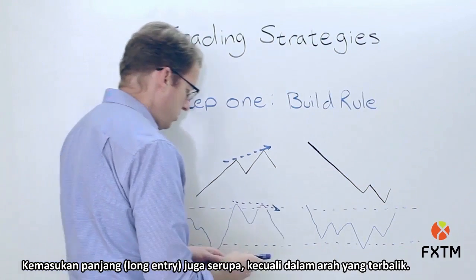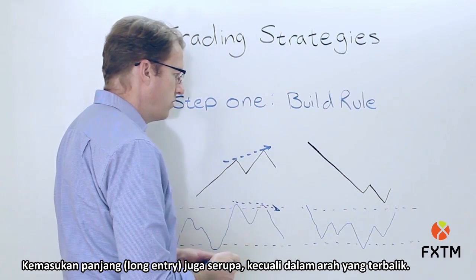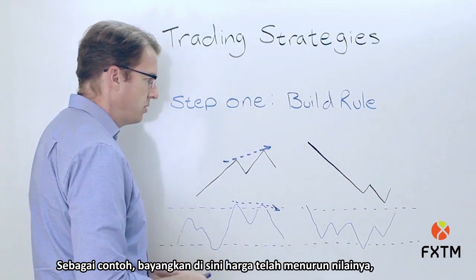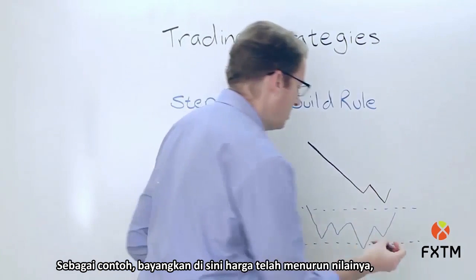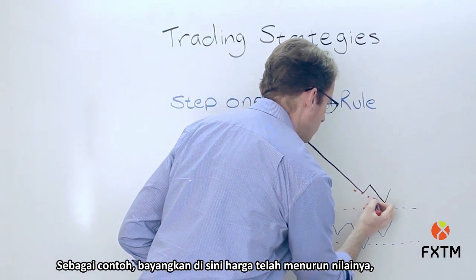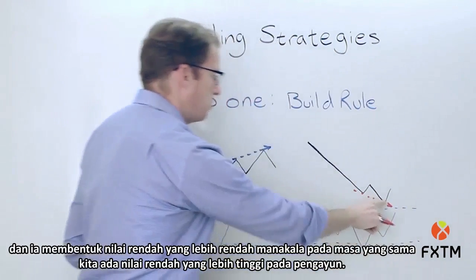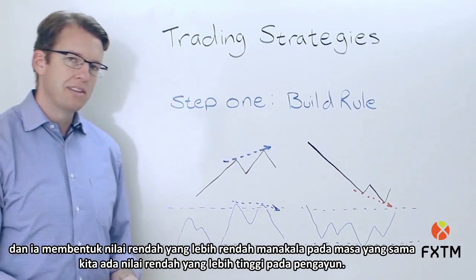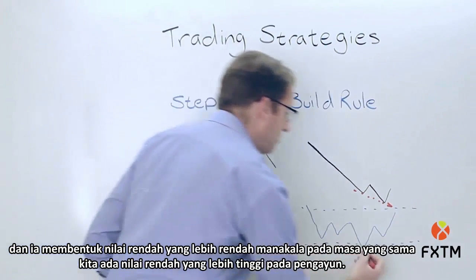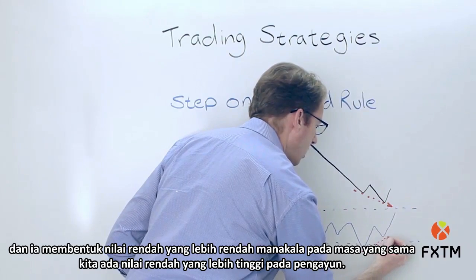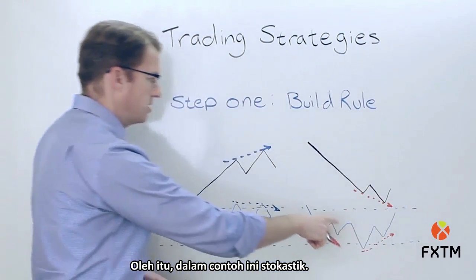Now, a long entry would be similar, except just in reverse. So imagine here, for example, that we have a price that has been declining in value, the exchange rate, and it's been forming lower lows, while at the same time, we actually have higher lows on the oscillator, in this case, the stochastics.